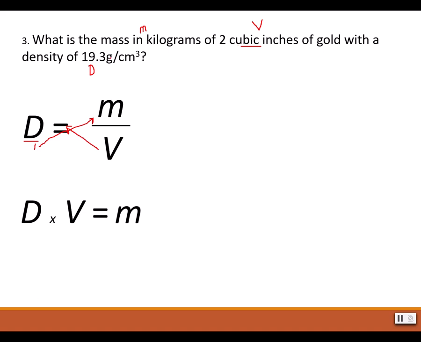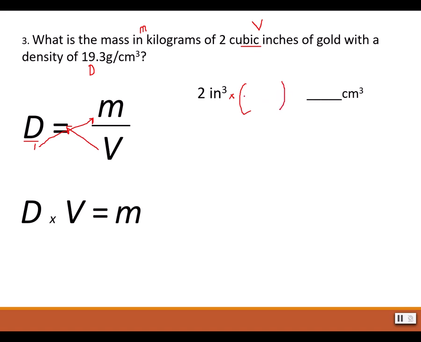My density is in grams per centimeter cubed, but my volume is in cubic inches. So I'm going to have to convert, for my units to cancel appropriately, because I've got centimeters cubed in my density denominator, I'm going to have to convert my inches cubed to centimeters cubed.